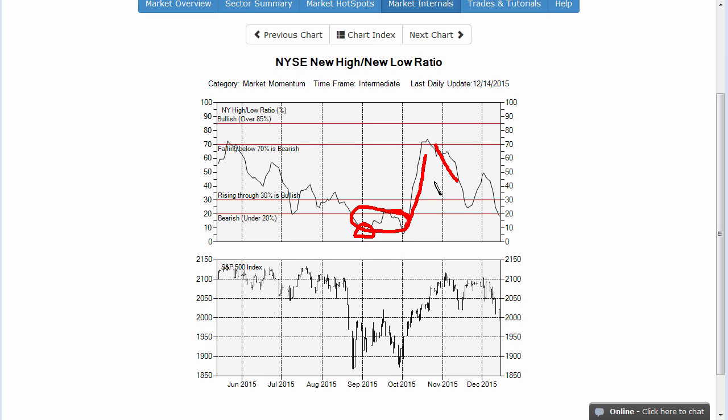I would wait for the turn and look for momentum, because it can stay down here for a long period of time in bear markets. It can stay up top for a long period of time in bull markets. That's why I would not look at it as if it gets too high, you're a seller, and if it gets too low, you're a buyer. No. All right, you want to see it turn and have that change in momentum.